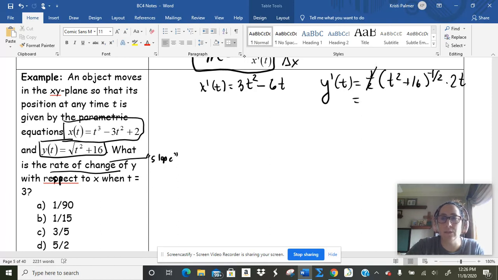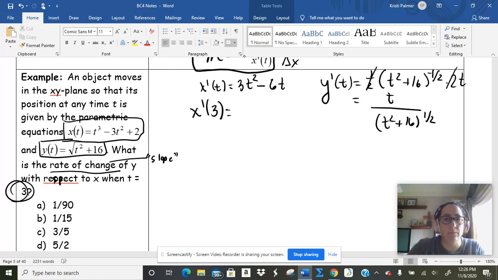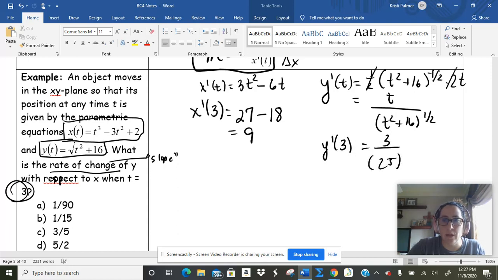And those, that's nice, those kind of cancel. And then I also need to plug in my 3. So x prime of 3, 27 minus 9, and plugging in my 3 here, 9 plus, that's 5.